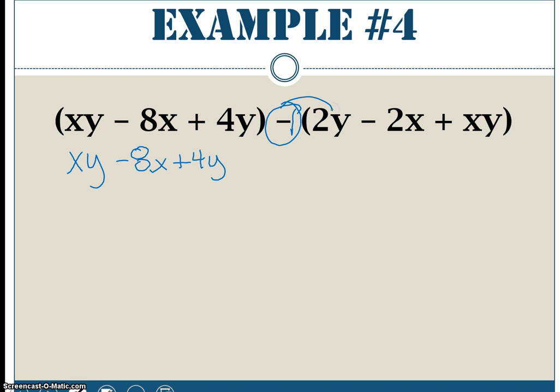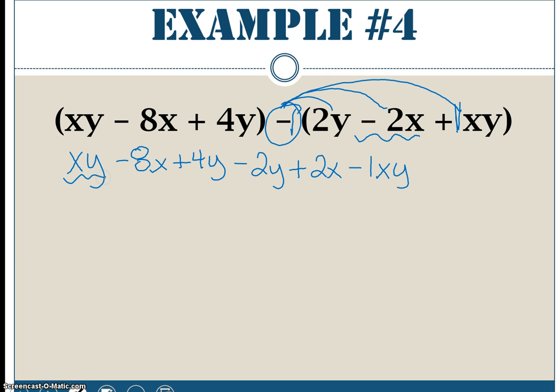So negative 1 times 2y is negative 2y. Negative 1 times a negative 2x is a positive 2x. A negative 1 times a positive 1xy would be negative 1xy.